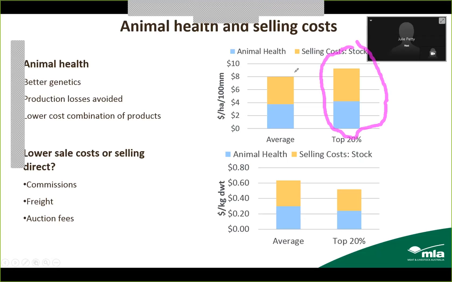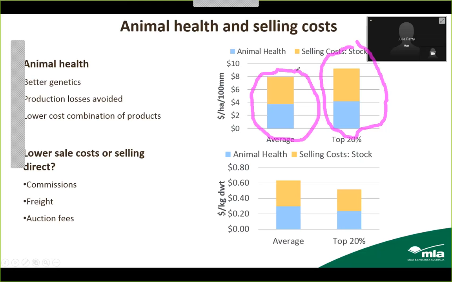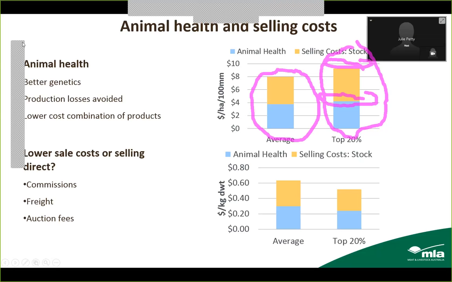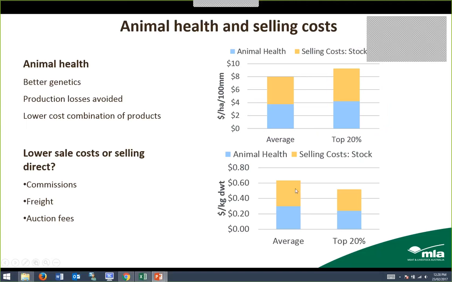These guys spend $8 per hectare per 100 mils. These guys spend closer to $9 per hectare per 100 mils. So the gross cost is higher for both this, which is animal health, the blue, and for this, which is selling costs of stock. Okay, now let's look at what happens on a dollar per kilo dress weight basis.